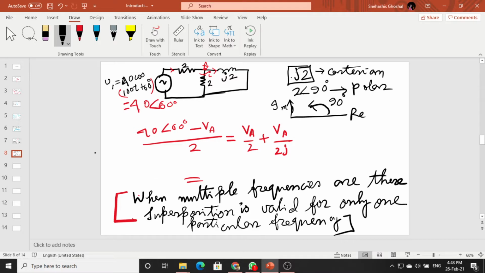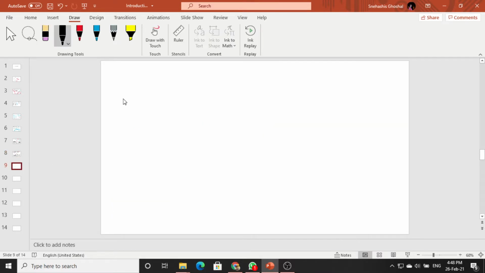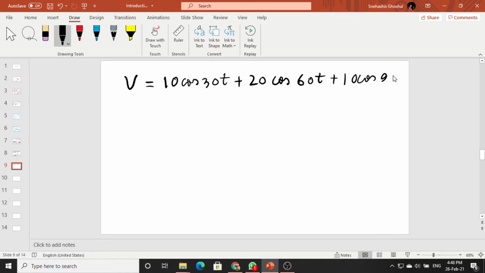I am giving one example of what I have said here. Suppose a signal V equals 10 cos 30t plus 20 cos 60t plus 10 cos 90t. Here you see three different frequencies are there: omega 30, omega 60 and omega 90.